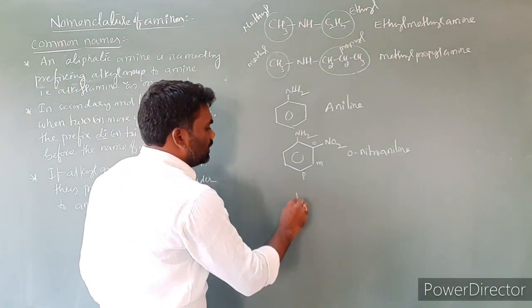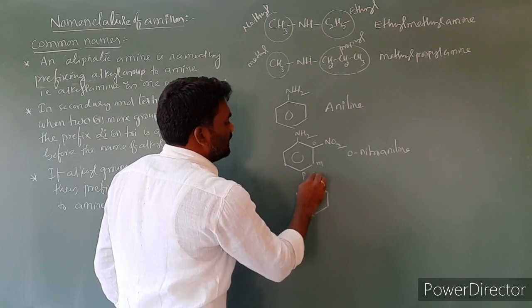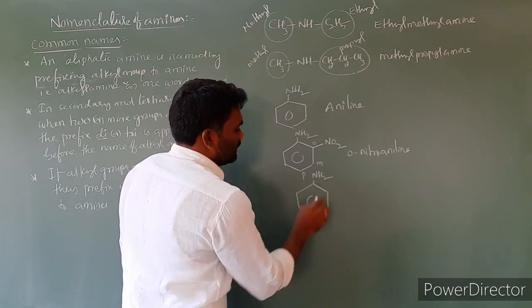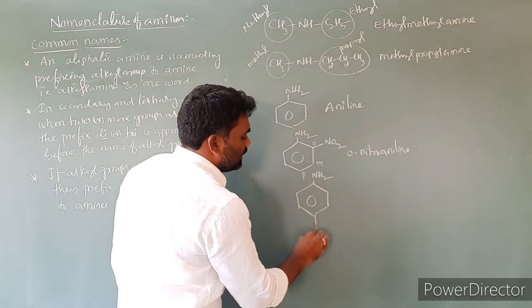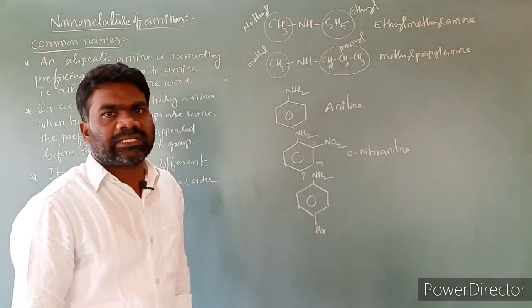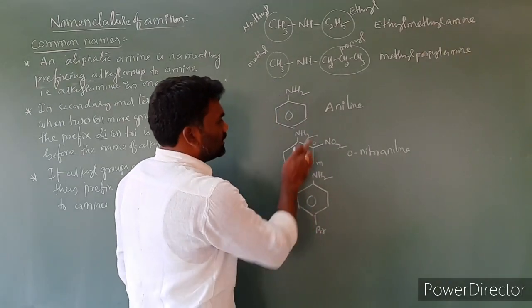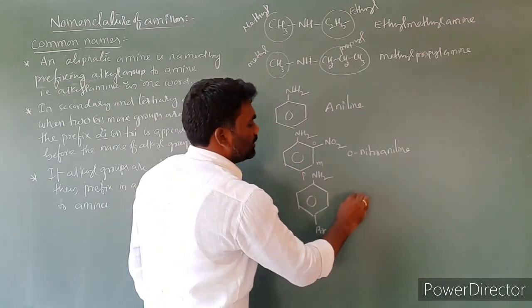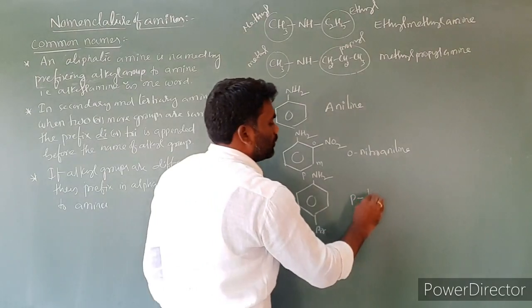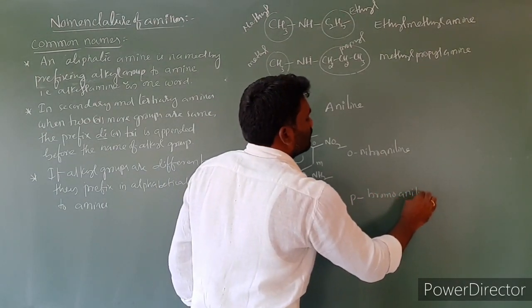Take one more example. Benzene with an NH2 group. Here bromine is present. What is the common name of this compound? This position is called the para position. The name is para, P-bromoaniline.